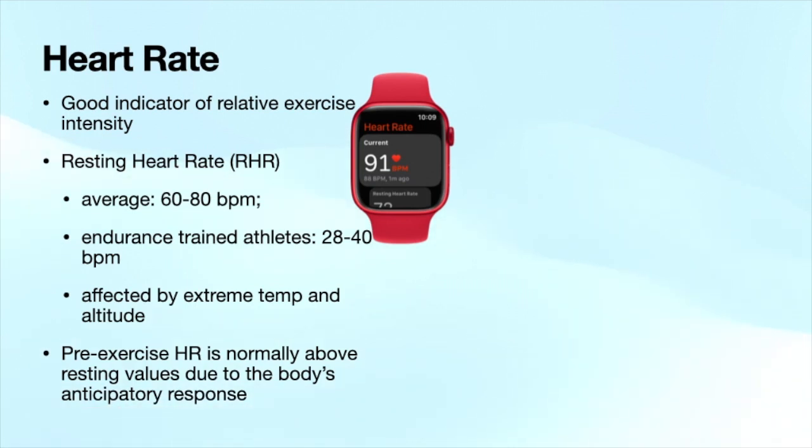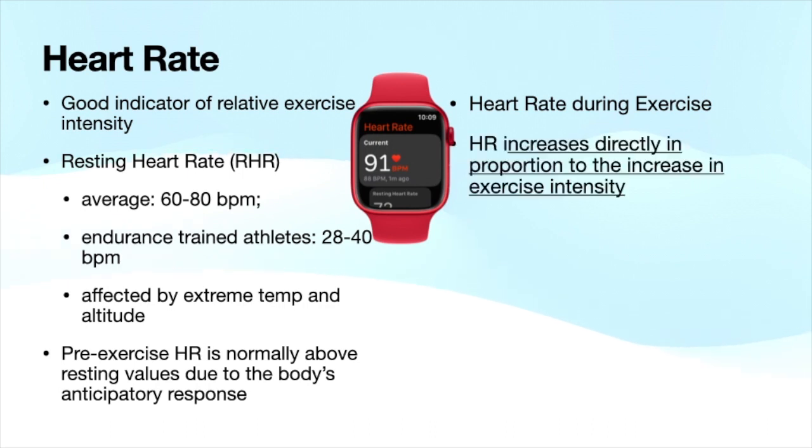So we know our resting values now. We know that heart rate increases in anticipation of exercise. So what happens to our heart rate during exercise? Normally, our heart rate increases directly in proportion to the increase in exercise intensity.